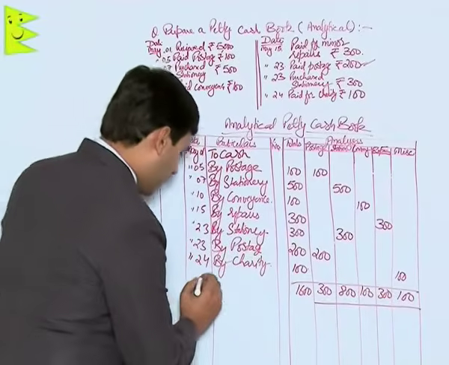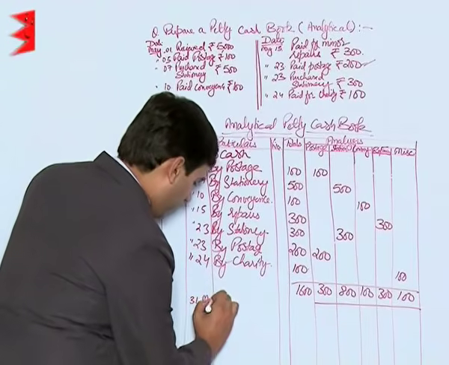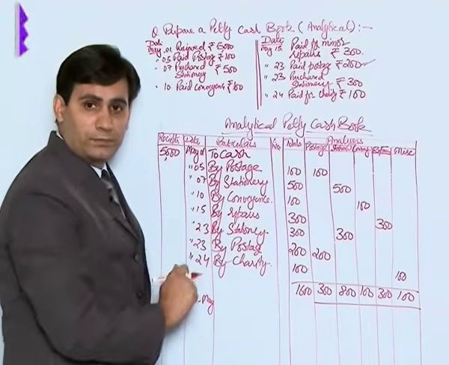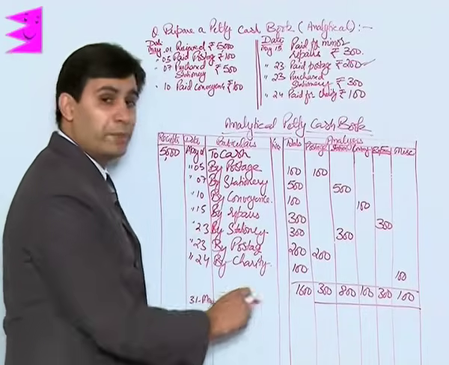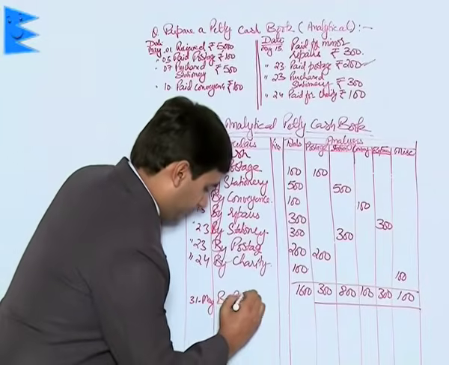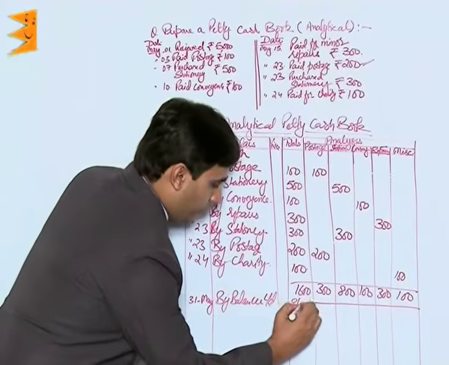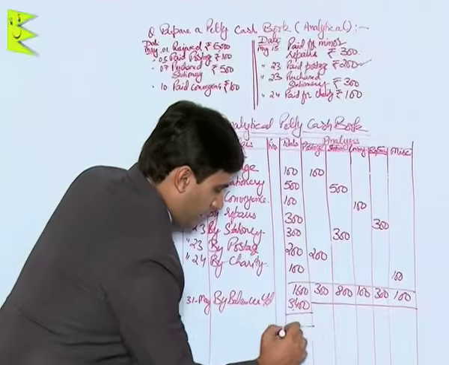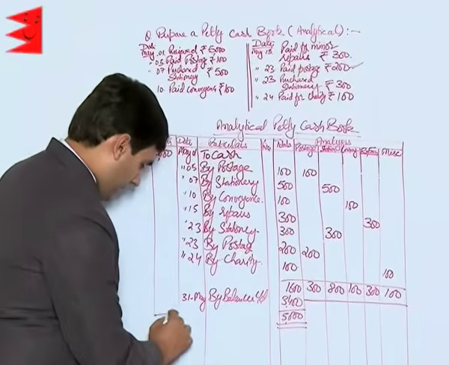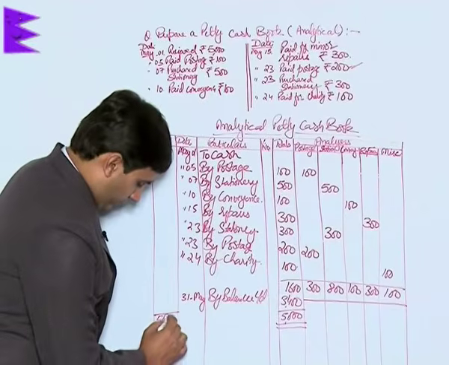Now students, on the last date, that is 31st May, we will find out the balance. The amount that we had received was 5000. Out of this 5000, expenses have been made for 1600. So the balance carried down would be 3400, and the total is 5000 in the totals column and receipts column.